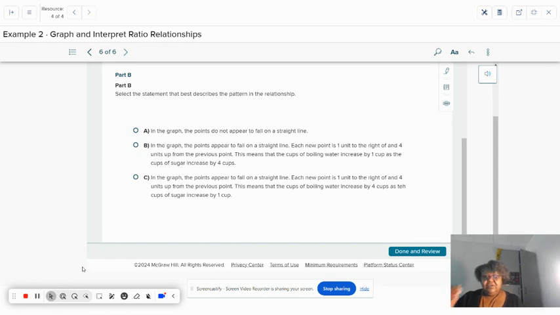Some of you are going to be working on your test corrections. And then once you finish this, make sure you finish the iReady, and then make sure you complete 1-2. I can't remember. I don't think I assigned 1-1. I think I may or may not have.